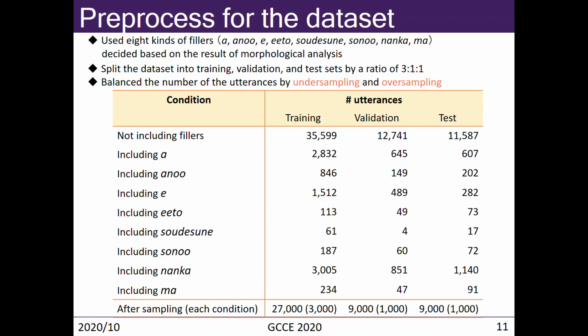Since the fillers in each condition were imbalanced in number, we balanced the number of the utterances by undersampling and oversampling. Consequently, we used 27,000 utterances for training set, 9,000 utterances each for validation set and test set.